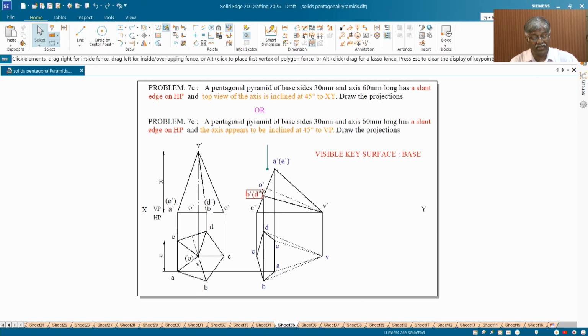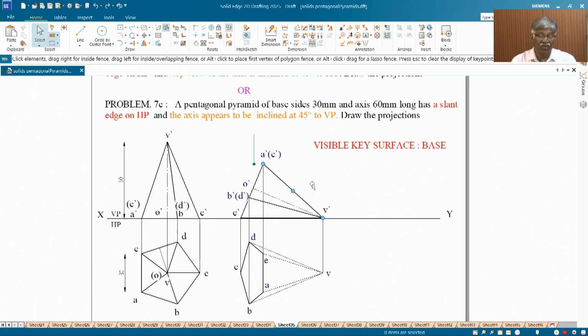Now, as I told you earlier, again the visible key surface method is best for this, because the farthest item from the observer is CV. But once CV is not visible, all these lines joining it are not visible. Some people get confusion. So for this, definitely the key surface method works well. No mistakes will be done.